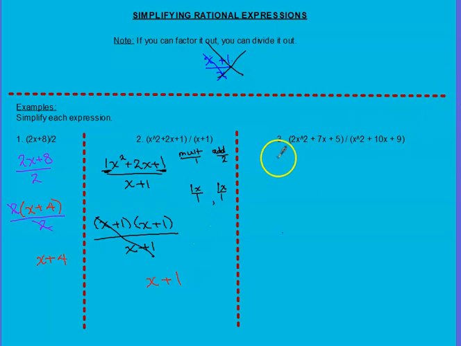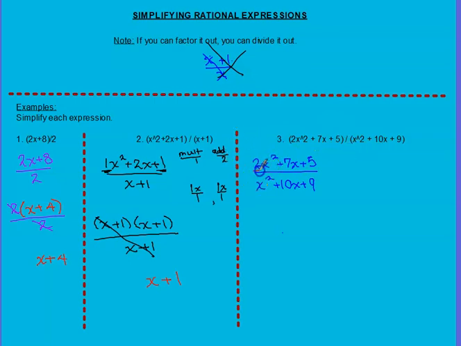And for number 3, 2x squared plus 7x plus 5 over x squared plus 10x plus 9. So needless to say, you will be factoring quadratic functions, so please make sure you check that video if you have not gone over how to factor them. I'll go over a quick tutorial on this part, but it's more detailed in the other factoring videos.